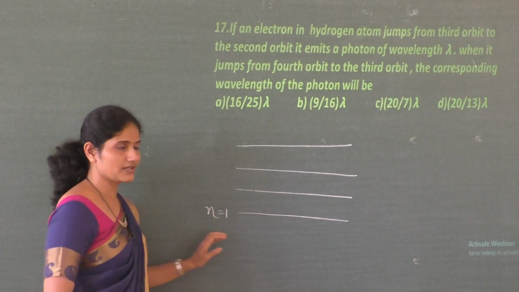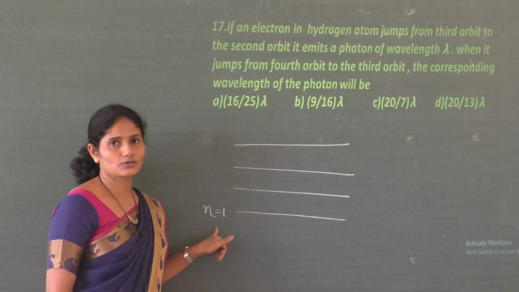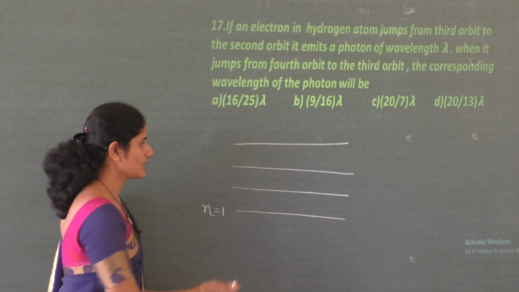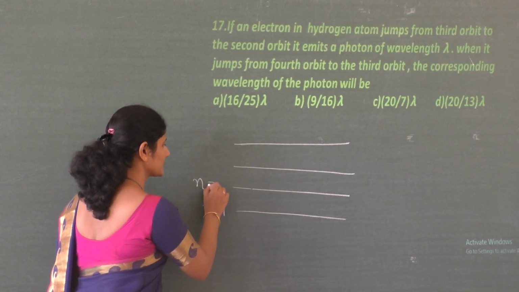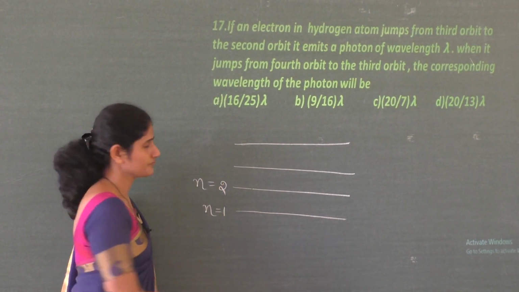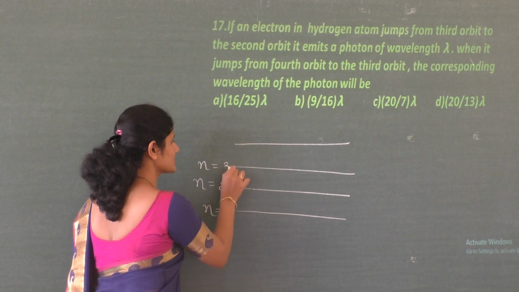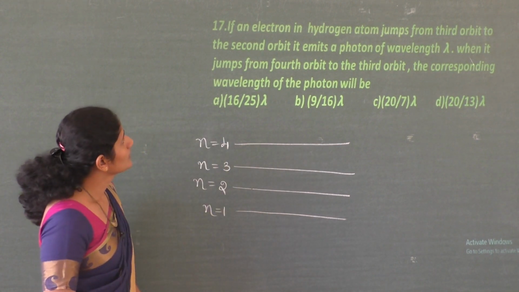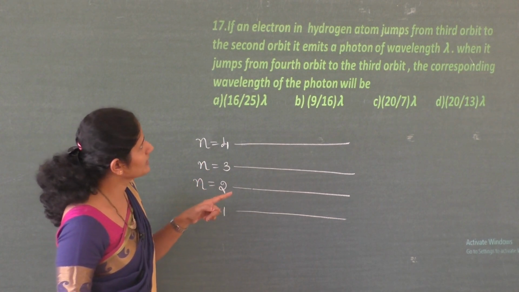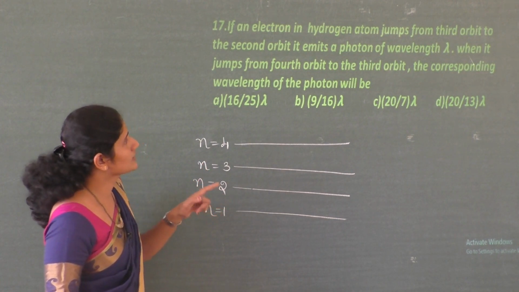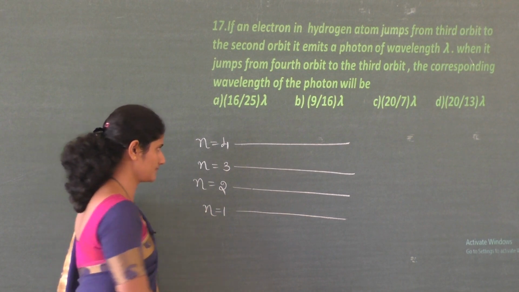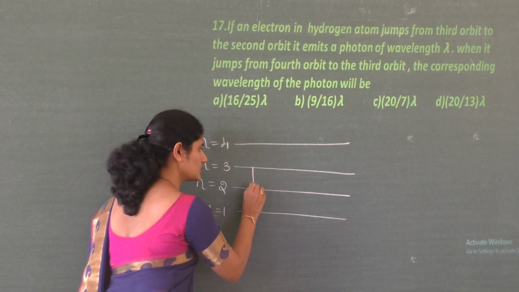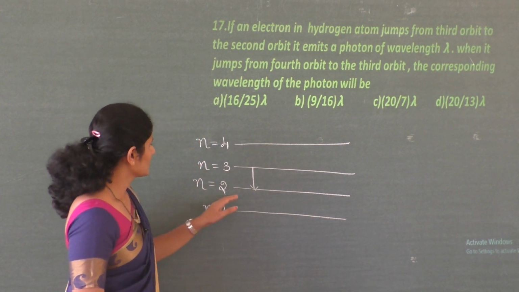The innermost level has quantum number n equal to 1, the next higher level n is equal to 2, the third orbit n is equal to 3, n is equal to 4. Electron is making its transition from third orbit to the second orbit.